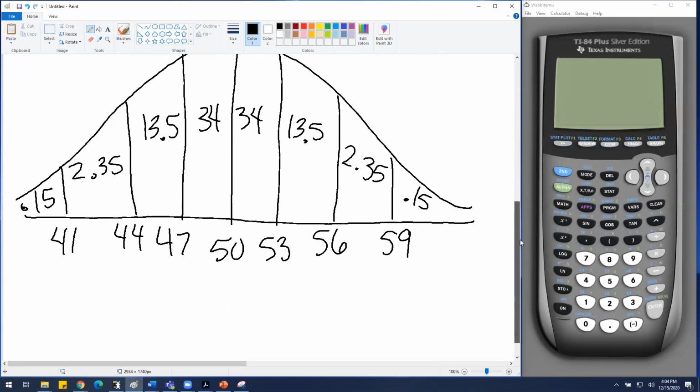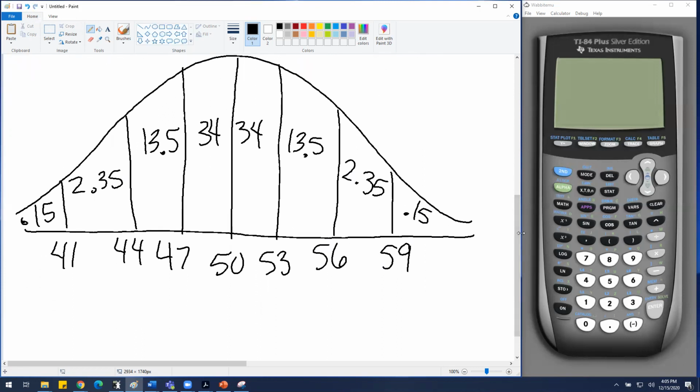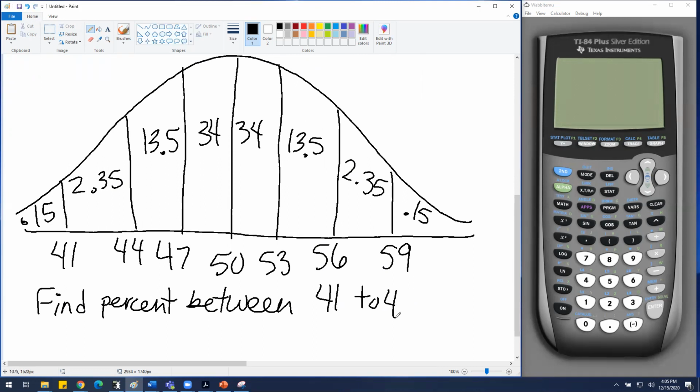Now, let's say they ask you to find the percent between 41 to 47. We'll go up to your chart here.